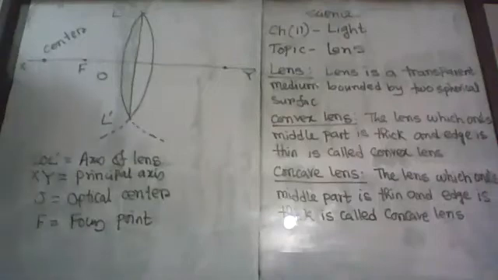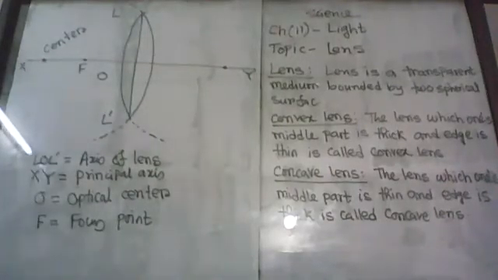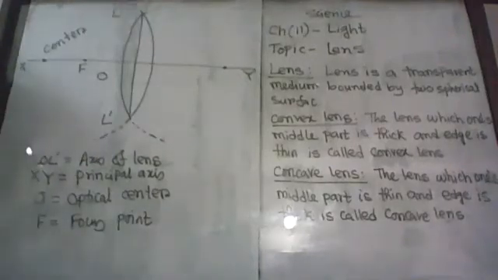The focus point is the middle point of the optical center and the center point of the spherical surface. The intermediate point in between O and C is called the focus point. So the middle point of OC is known as the focus point.